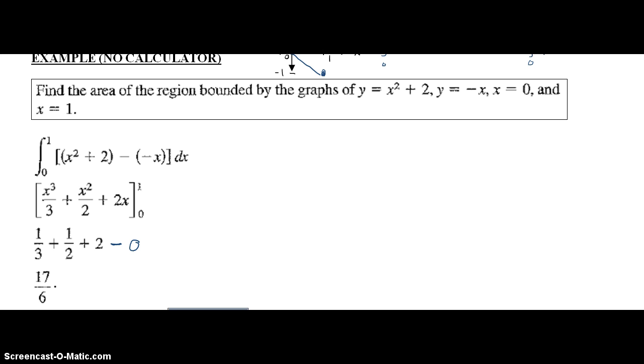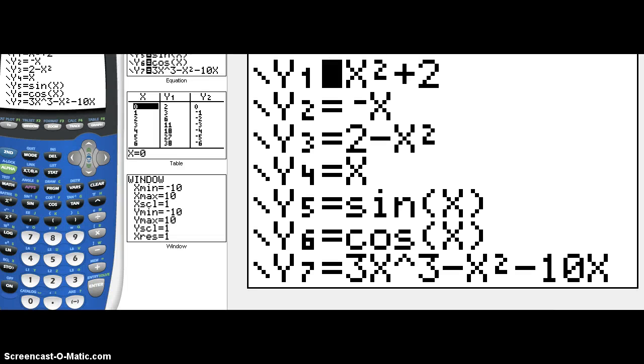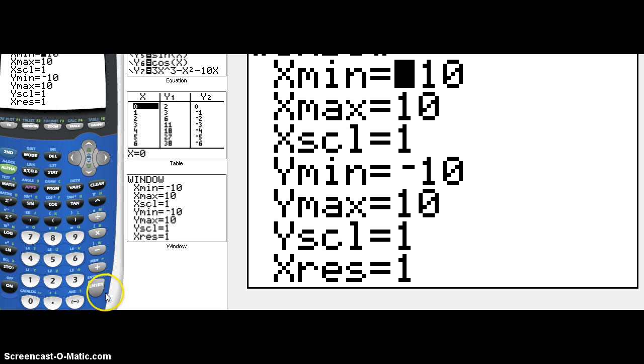I'm going to confirm this on the graphing calculator. So I already have my functions in here, and what I'm going to do is turn on the first function and the second function, and I'm going to change my window so that all I want to see is the region from x equals 0 to x equals 1.